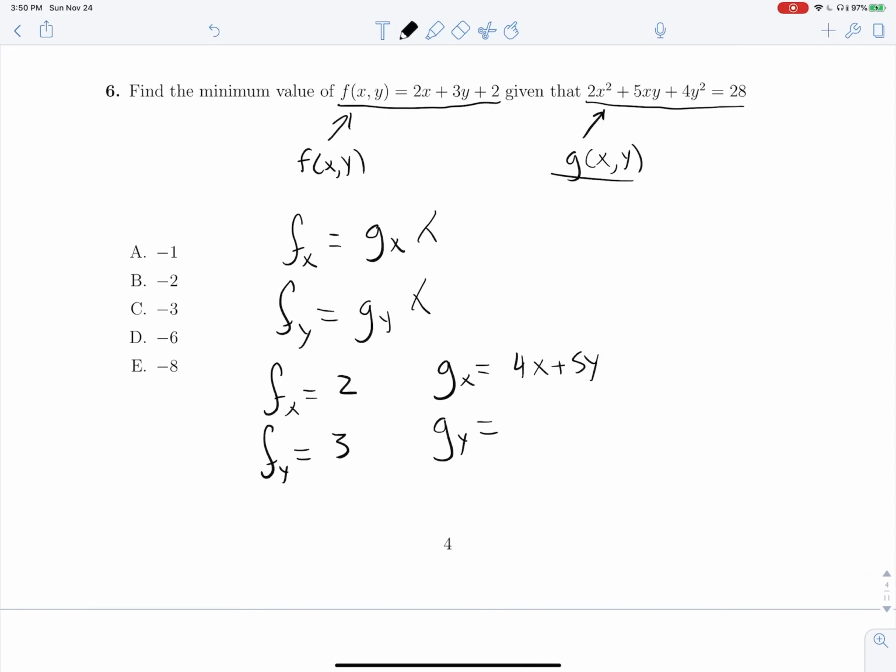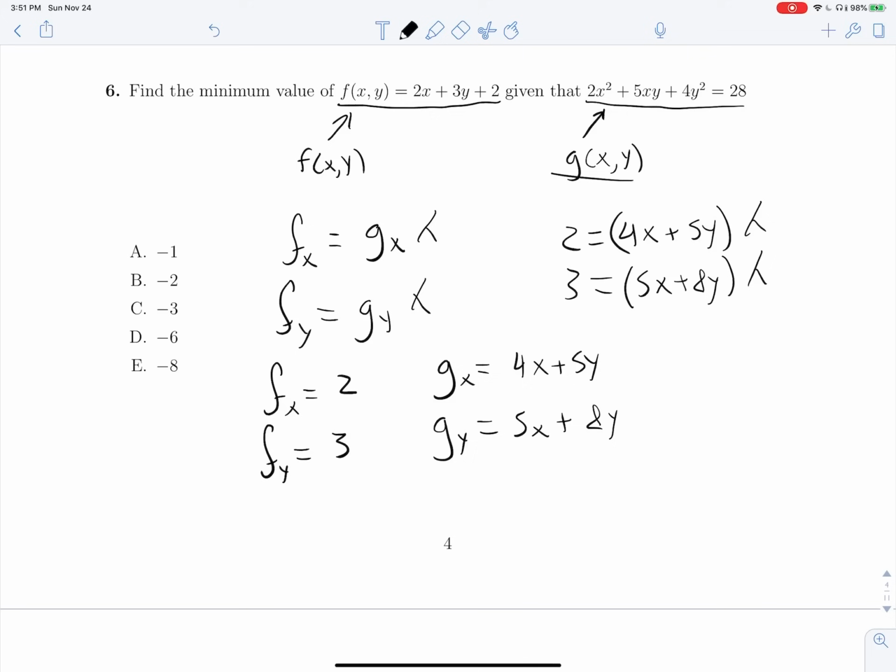And gy is going to be 5x plus 8y. So setting up these equations, we have that 2 is equal to 4x plus 5y all multiplied by lambda, where 3 is equal to 5x plus 8y all multiplied by lambda.